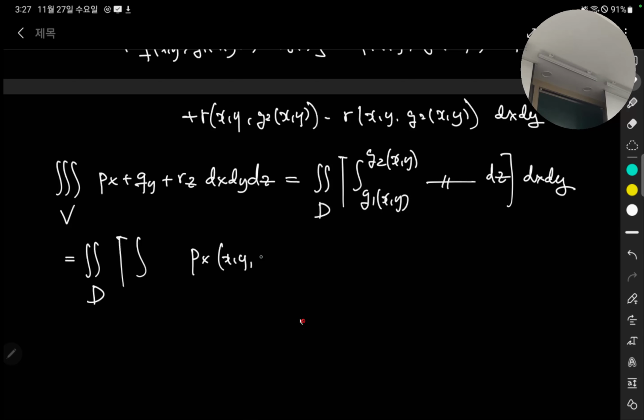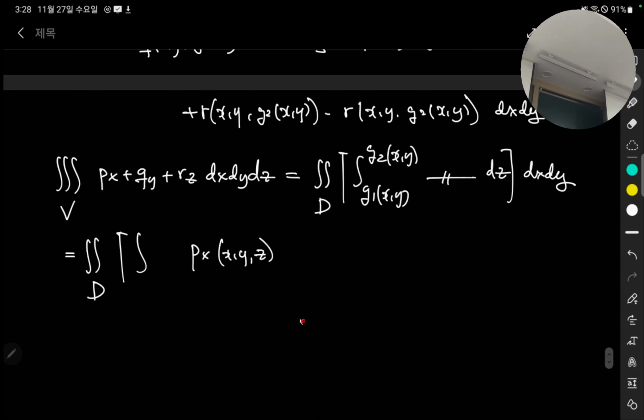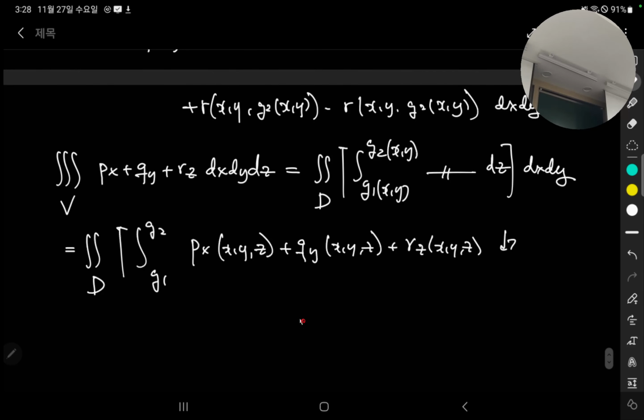Here, we don't take z as a function of x and y. It's a three-variable function, Qy and Rz of x, y, and z. But G1 and G2 are functions of x and y, dz, dx, and dy.